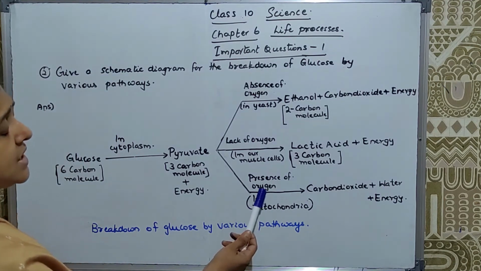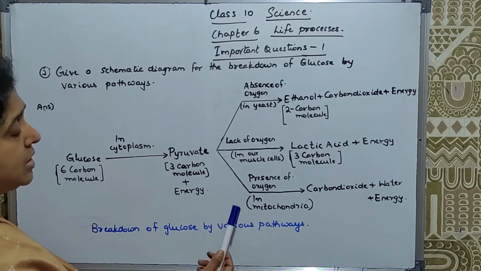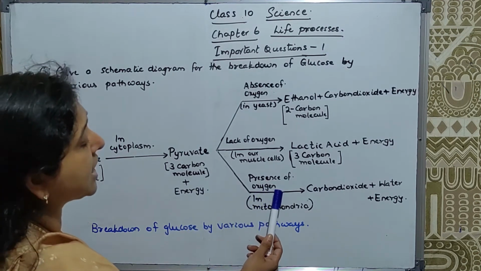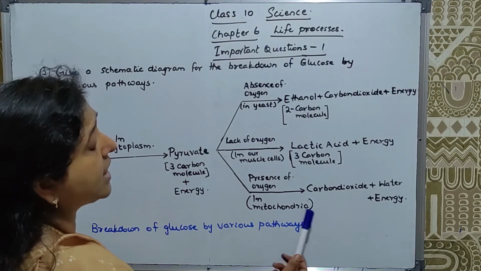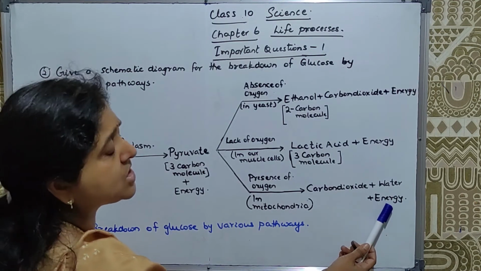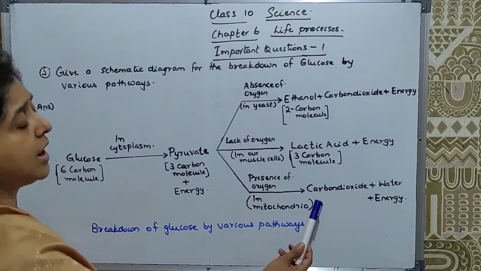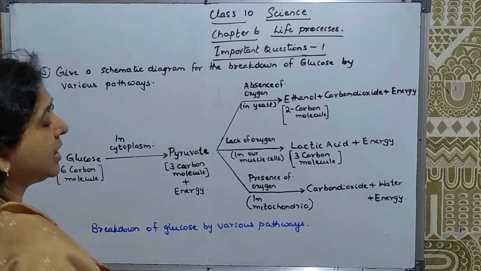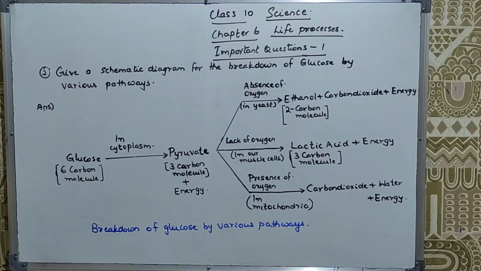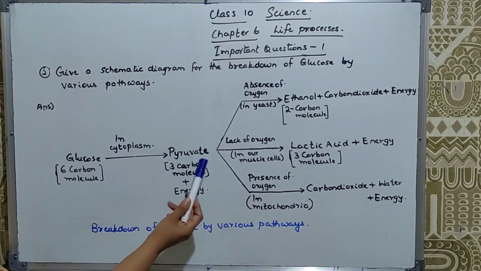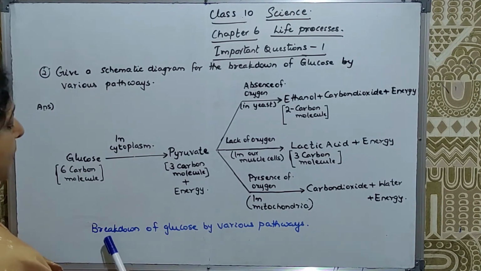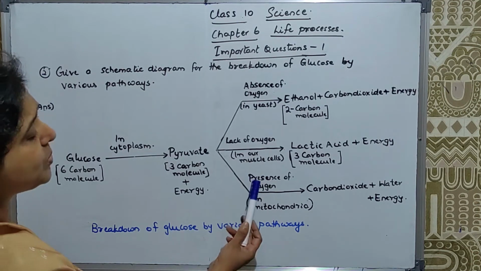So this one results in aerobic respiration. Aerobic respiration takes place in mitochondria and the amount of energy released is very high. What are the products of aerobic respiration? Carbon dioxide and water. So this schematic representation gives the breakdown of glucose by various pathways.